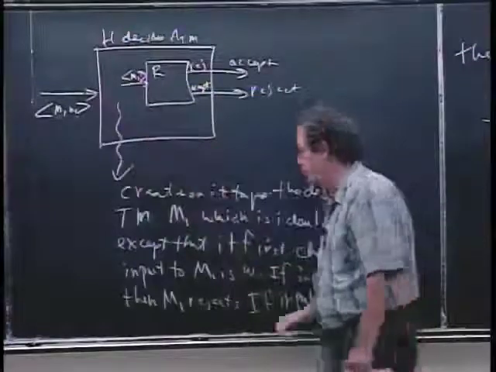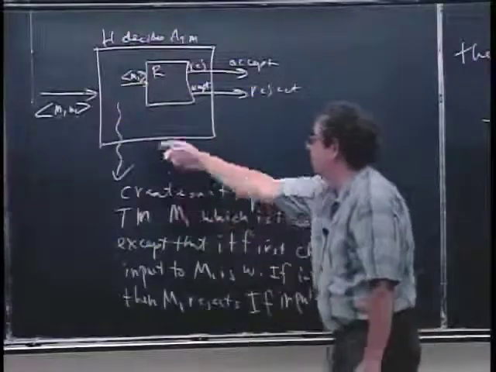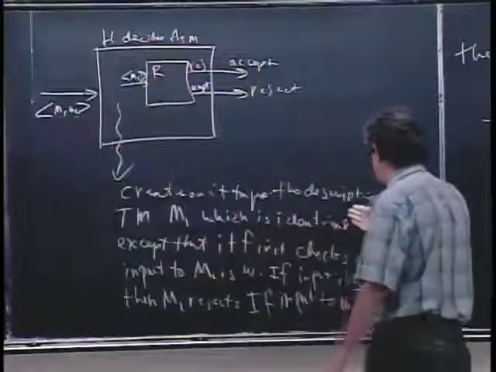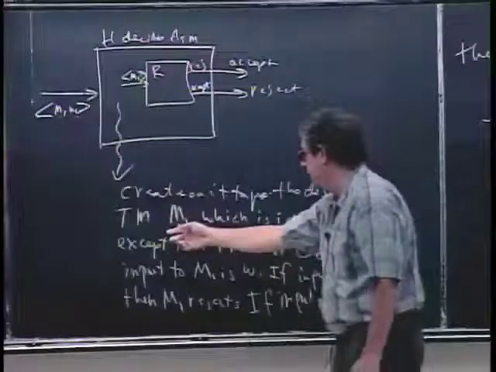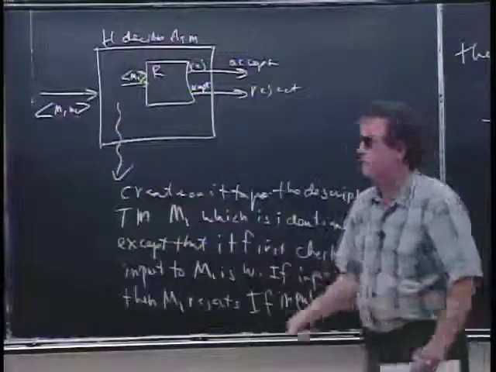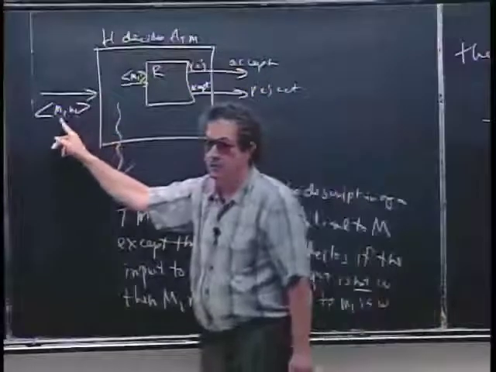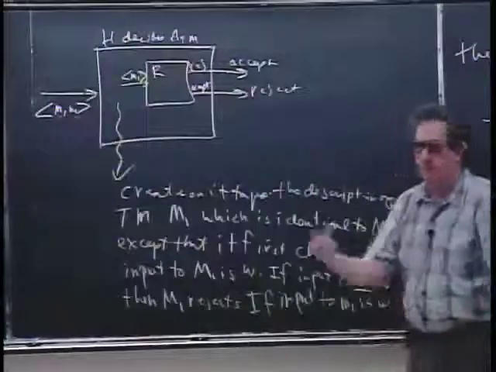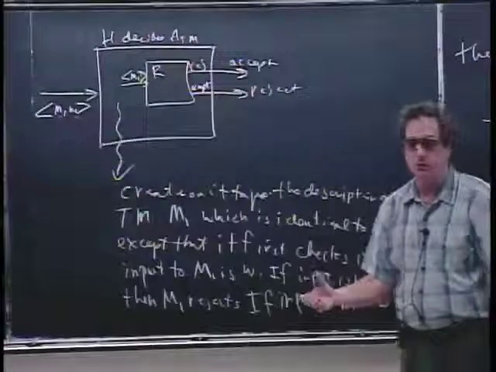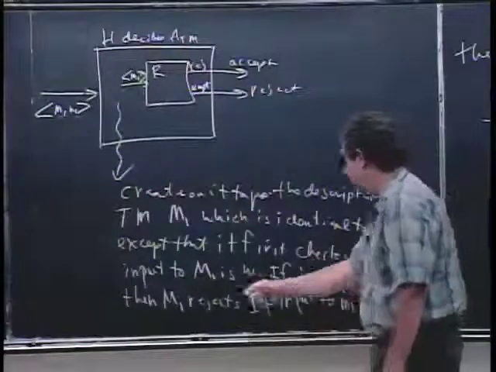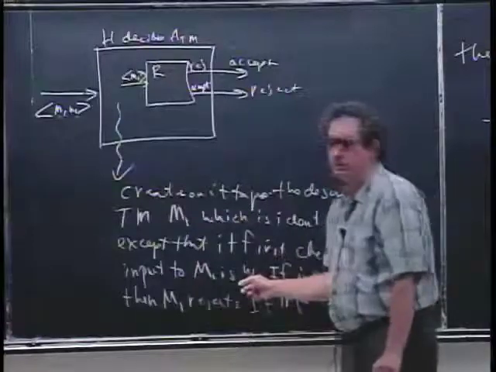So you have to feel convinced that there's a Turing machine that can take in an MW and create a description of a Turing machine M1, which is identical to M. Well, that's certainly simple because it can just copy M here. But in front of what M does, before M begins its work, M1 begins its work, it has to check first that the input is the specific W.